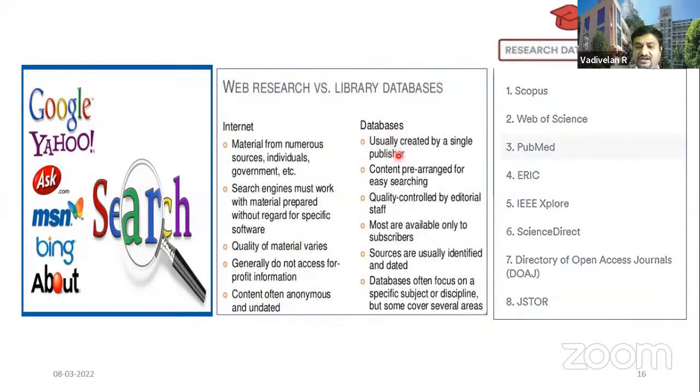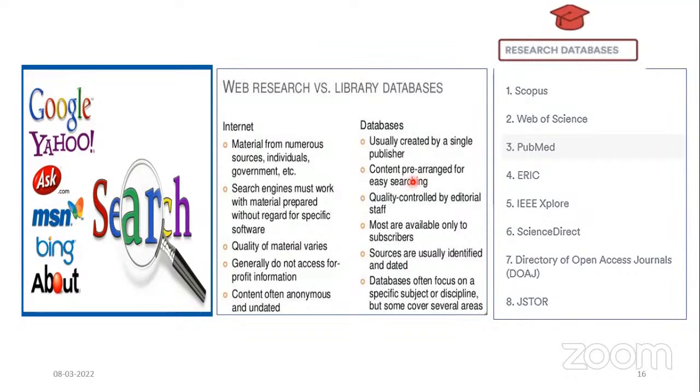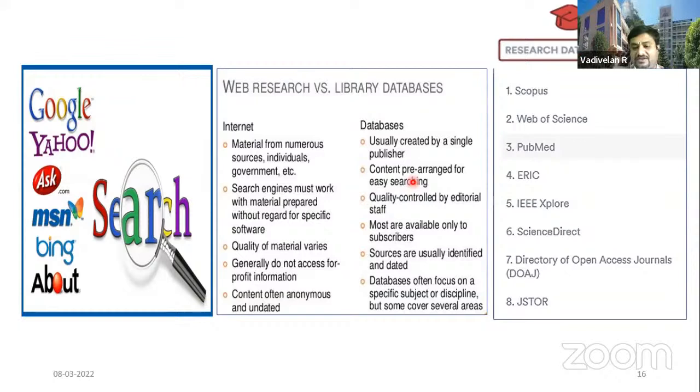But if you are going for a database, it is usually created by a single publisher, and normally it is pre-arranged for easy searching of the content, either year-wise, country-wise, or maybe disease-wise. The quality is controlled by the editorial staff, so it is always controlled.